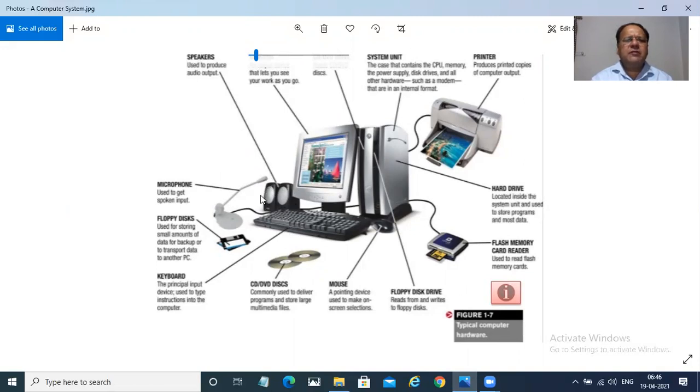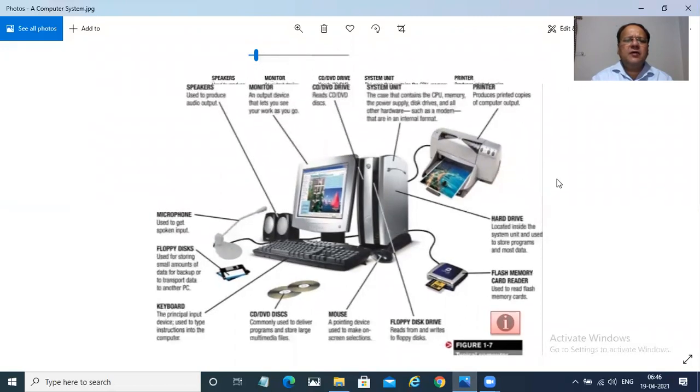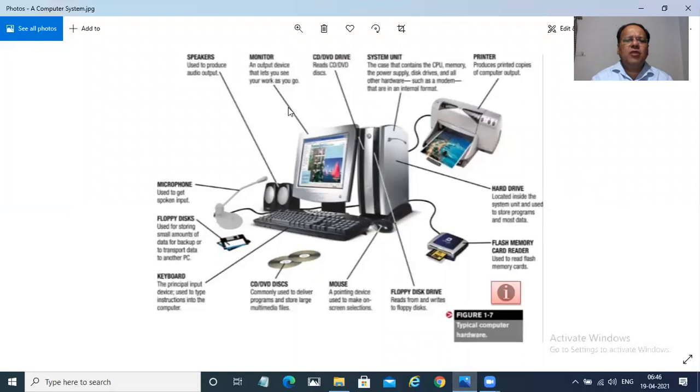All of you may be knowing about all of this. Then we'll come a little lower and we'll see the monitor. This you can see is your computer monitor or your screen. Then you have the CD and the DVD drive, which is fitted in this CPU. You can see it highlighted here.